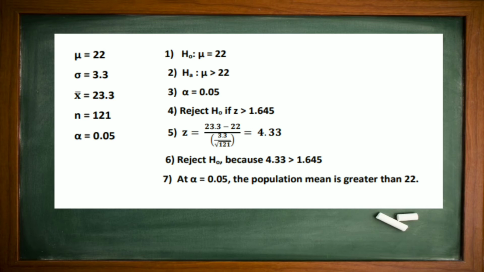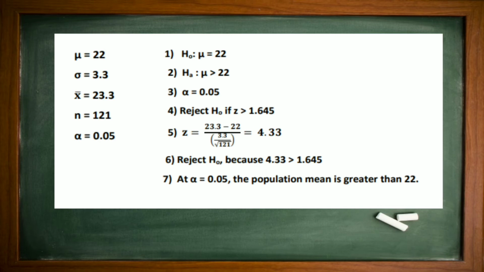Next, we have now step 5. So, ito po yung importante dito. Calculate the test statistic. Dito po, yung gagamitin po natin is the Z distribution. Bakit po? Di ba po, as I have said po a while ago, that if the sample size is greater than 30, we will use the normal distribution.